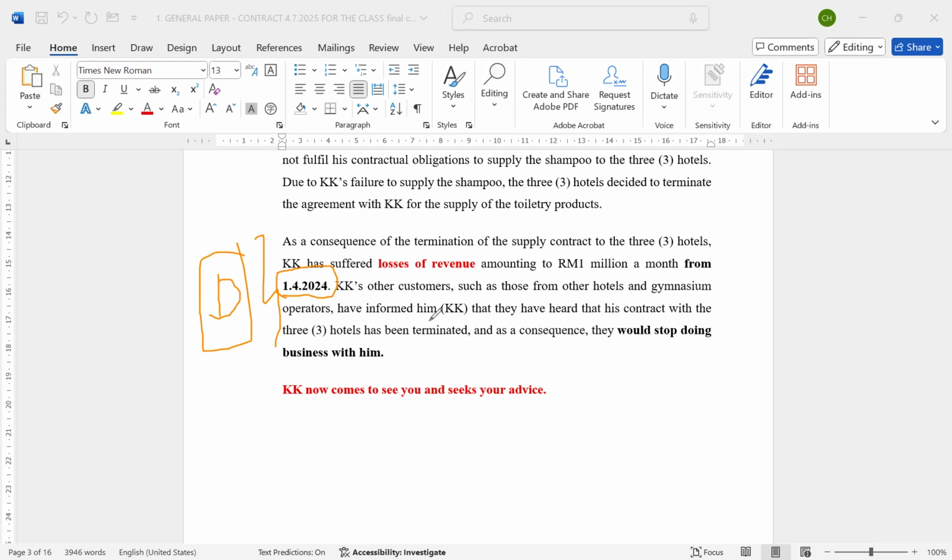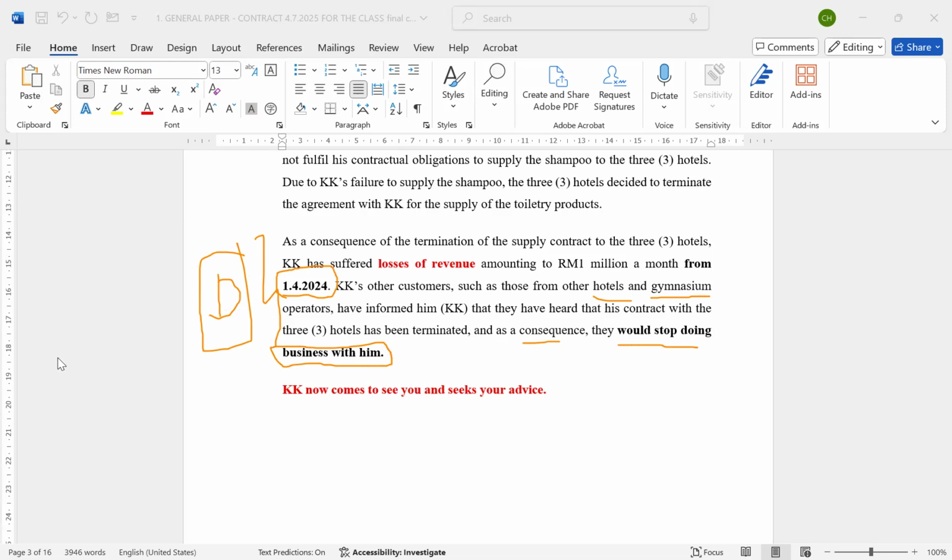Other customers, for example the hotels and the gym operators, would have heard about it, and the so-called trust issue was affected as KK was terminated by those three hotels. As a consequence, they will stop doing business with him as well. So these are the damages suffered by KK.